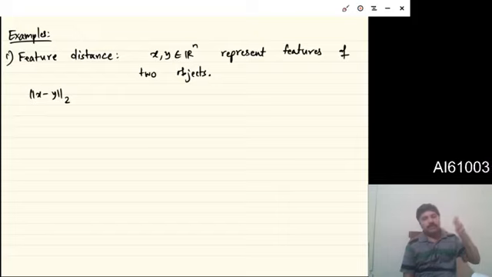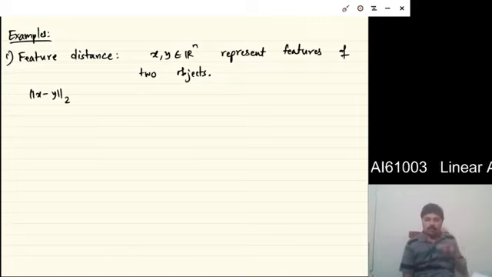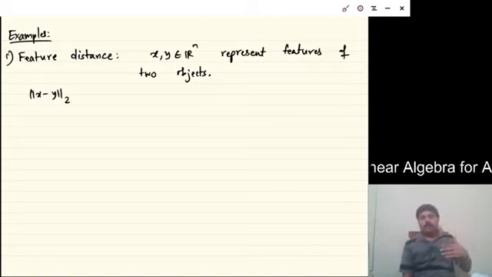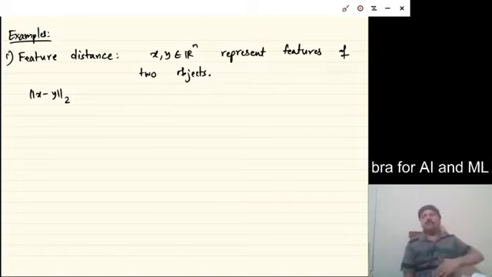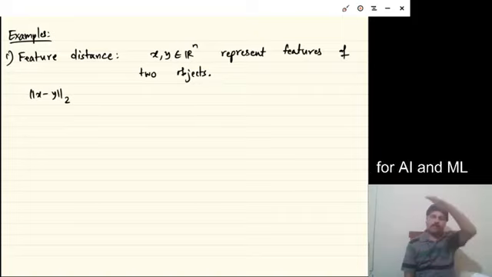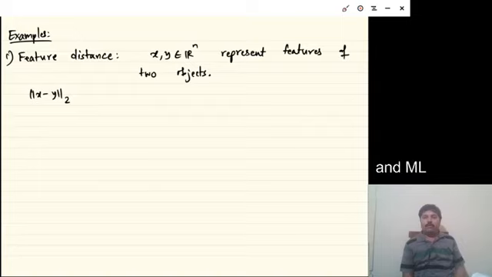The first component of x is the number of hours of self study that you put in for the course. The second feature is the number of classes that you attended. The third feature maybe is the performance in the mid semester examination, and so on and so forth. There can be n features in this way for x, and similarly the same features will be there for vector y, the feature vector of student 2.